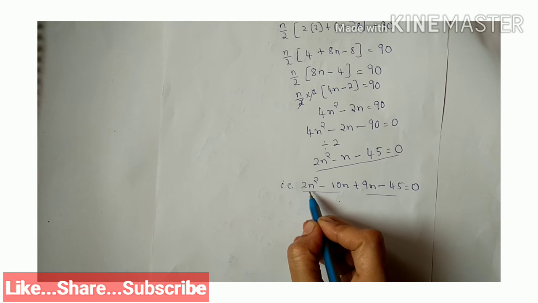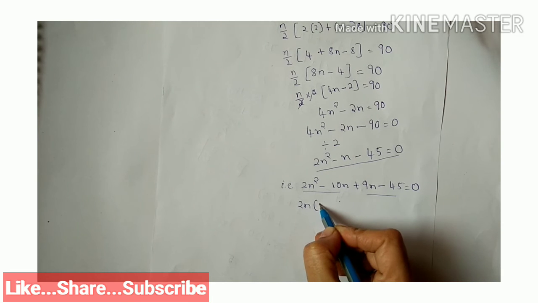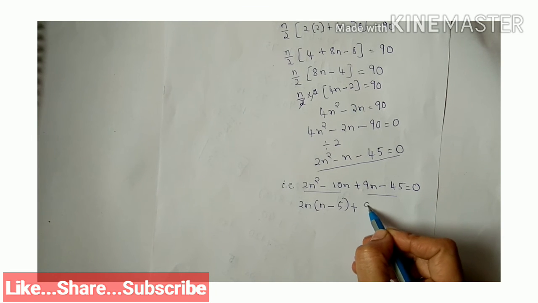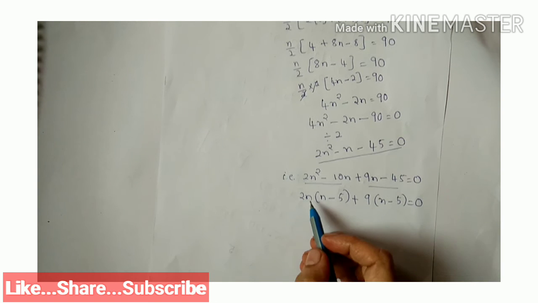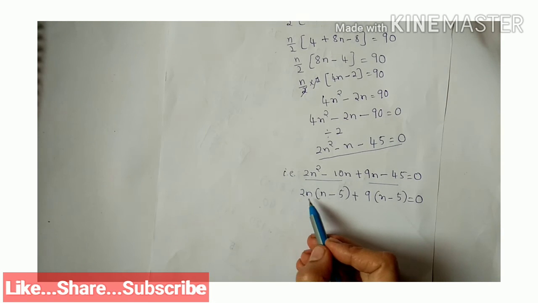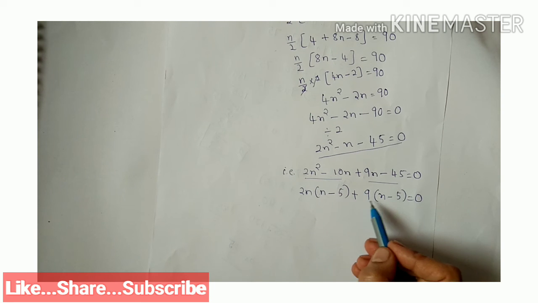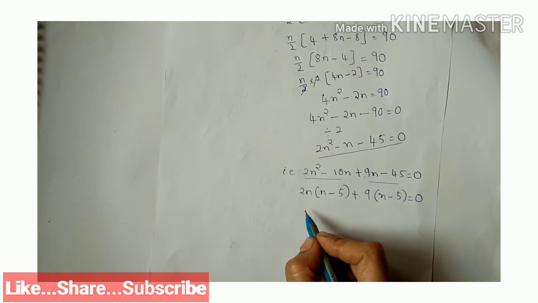Here we have to see the common term. Here 2n, n minus 5 plus 9, n minus 5. 2n square, 2n into 5 is minus 10n plus 9n minus 45, 9 5s are 45.